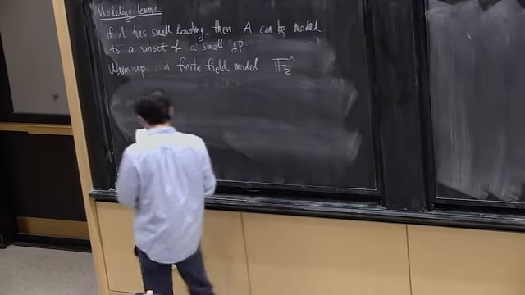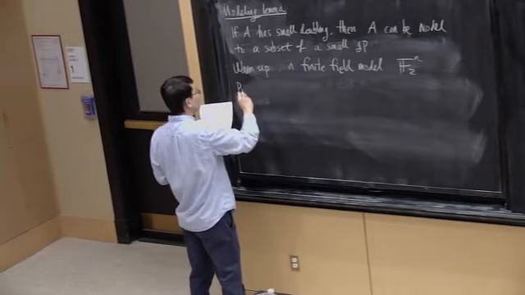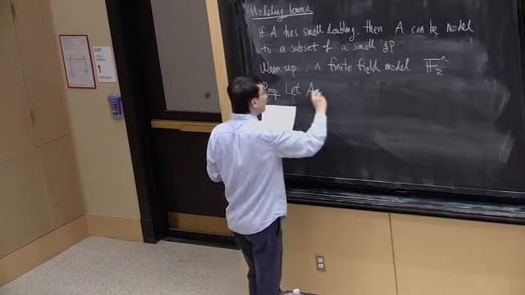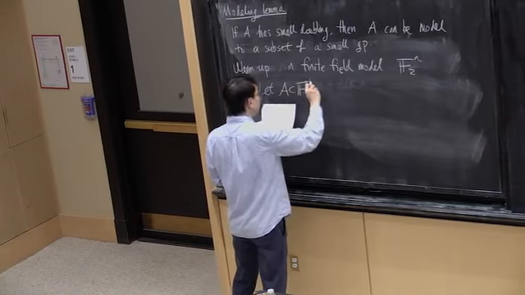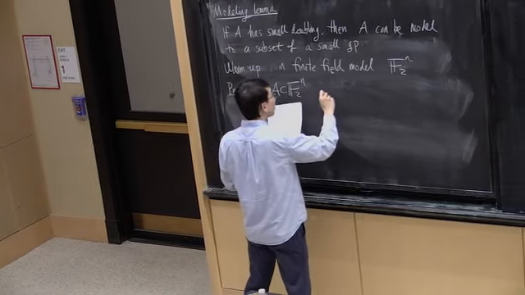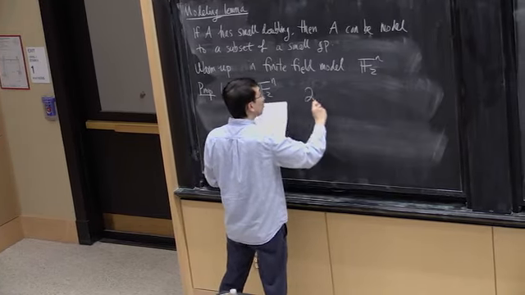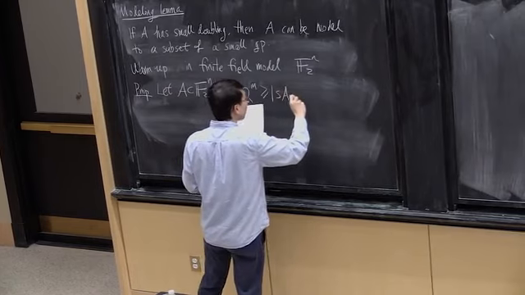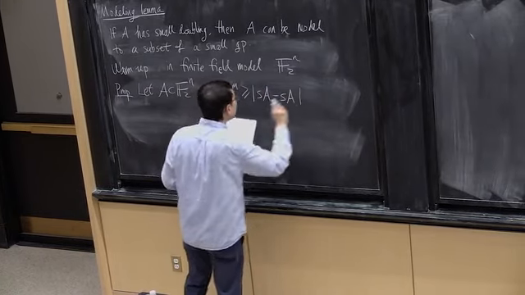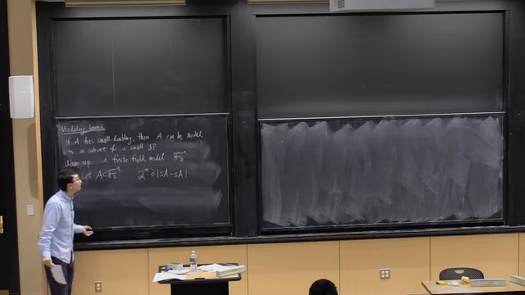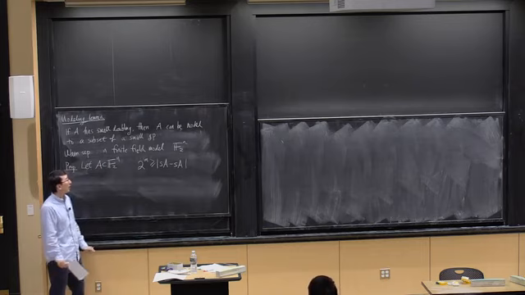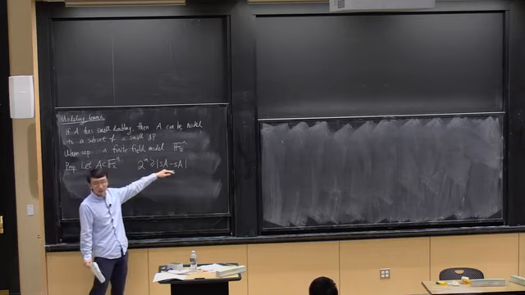Okay, so what do we want to say? Suppose you have A, a subset of F2 to the m, and suppose that m is some number such that 2 to the m is at least as large as sA minus sA. Okay, so remember from Plünnecke-Ruzsa, you know that if A plus A is small, then this iterated sum is small.